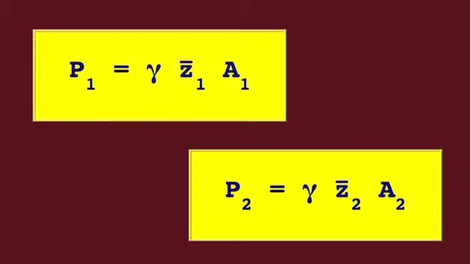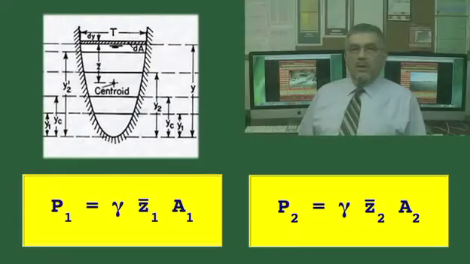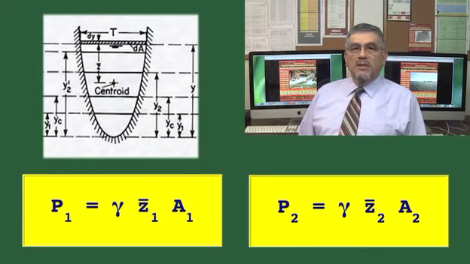The pressure forces are in which Z1 bar and Z2 bar are the vertical distances measured from the water surface to the centroids of the flow areas A1 and A2, respectively.